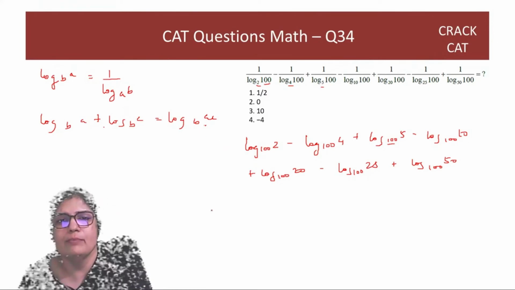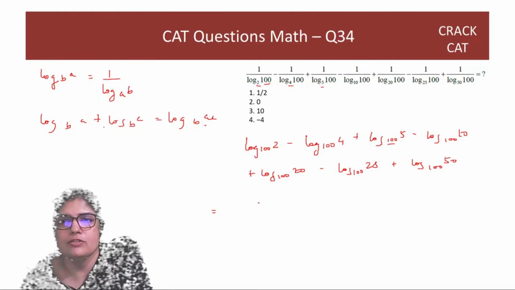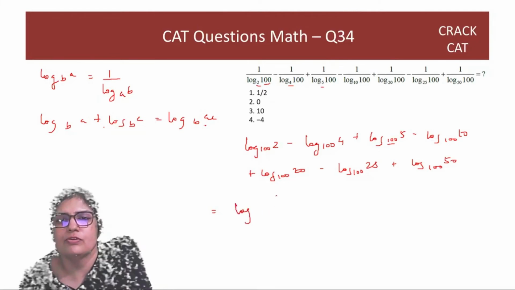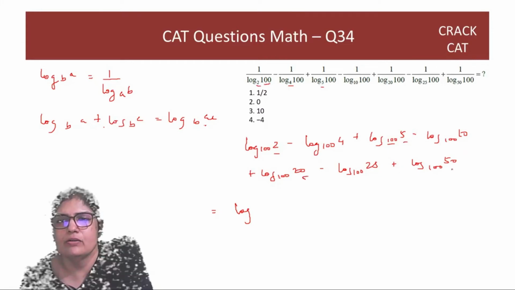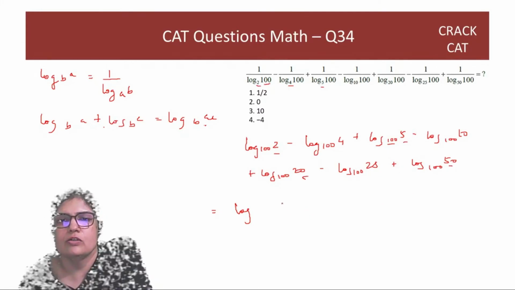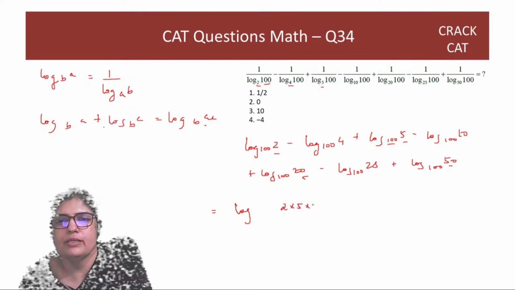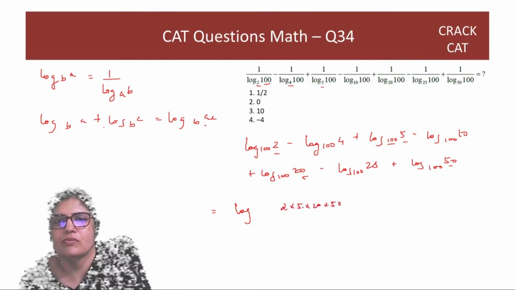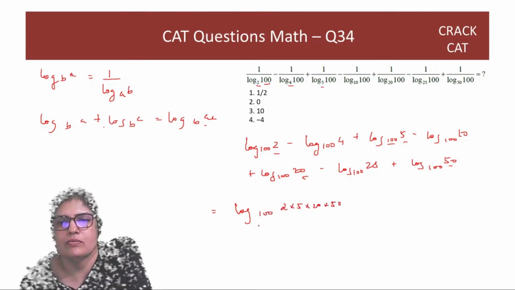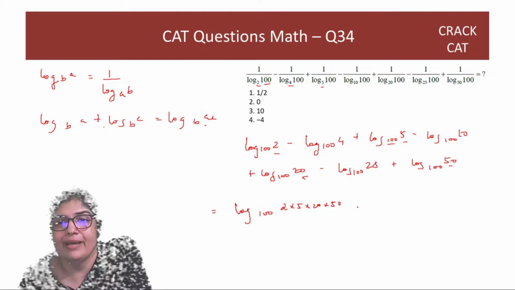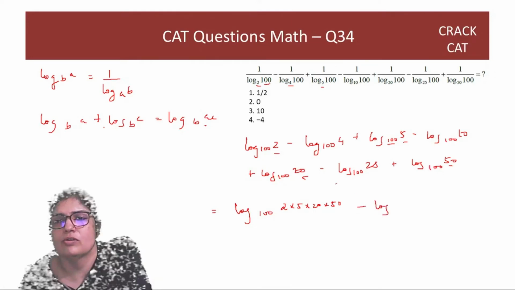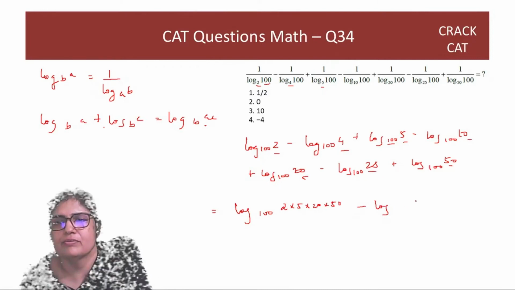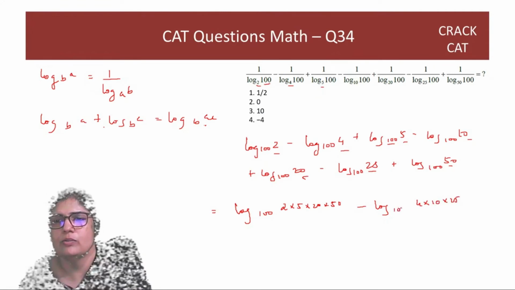So this whole thing becomes, let's get the pluses together, log of 2 into 5 into 20 into 50 to the base 100. And minus where you have log of 4, 10, 25. Again to the base 100.